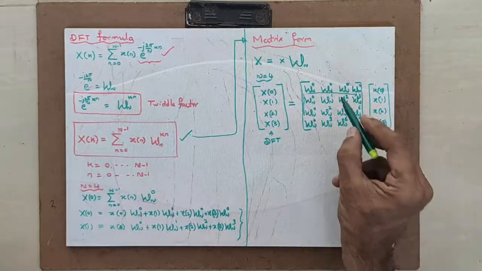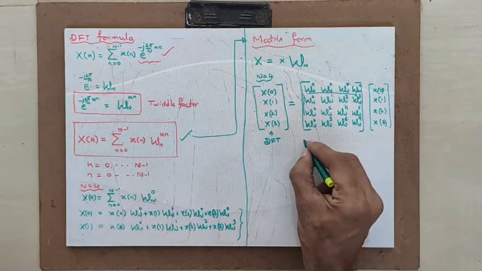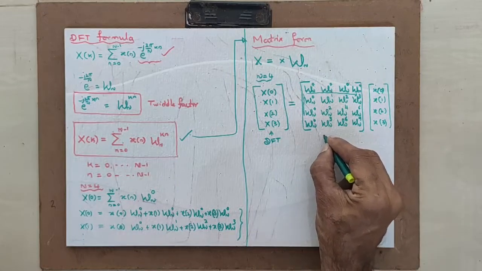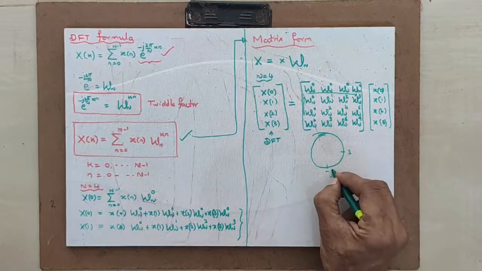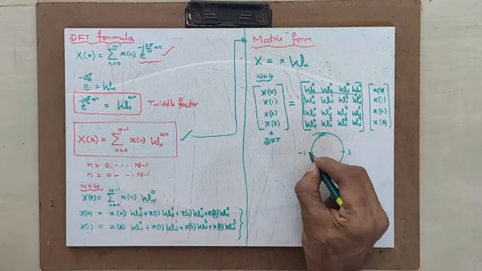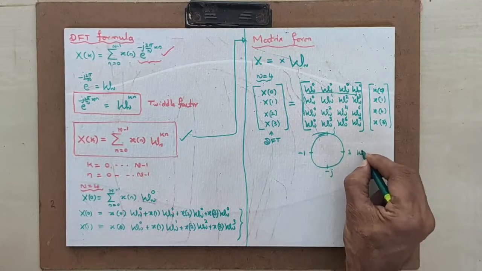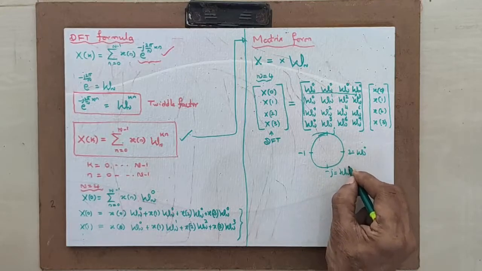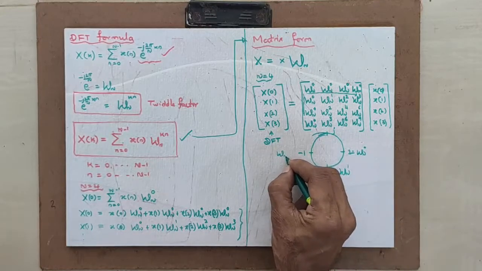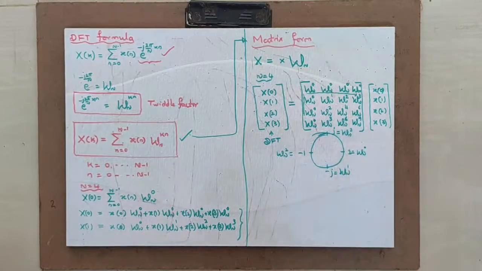You already know the twiddle factor which is there here. Now you know the twiddle factors for the 4-point DFT. See here, 4-point DFT twiddle factors, you know that. This is 1, this is minus j, this is minus 1, this is plus j. This is Wn0, this is Wn1, this is Wn2, this is Wn3.